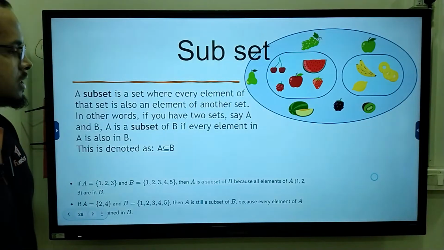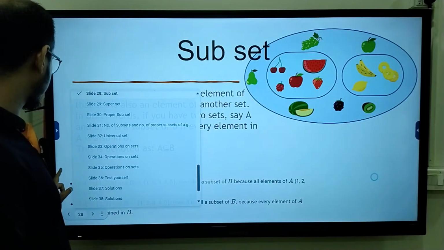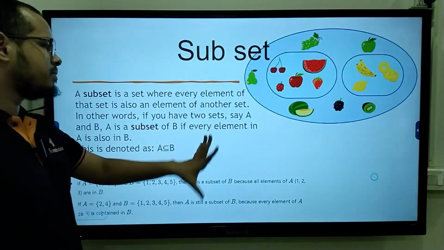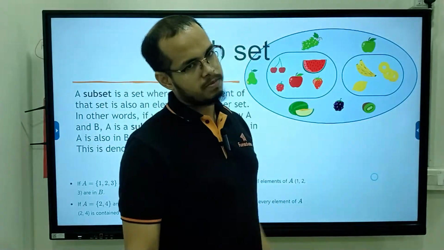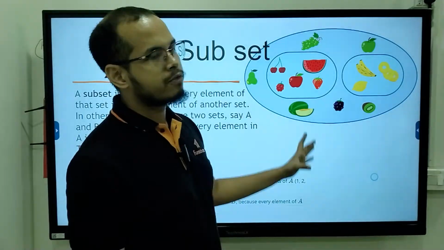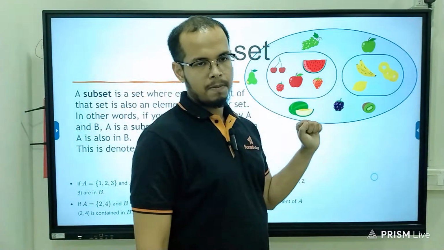Now comes the concept of subset. I've already made you understand. In this are all the fruits present in the world. I'm taking some fruits that are yellow in color, like banana, pineapple, lemon.